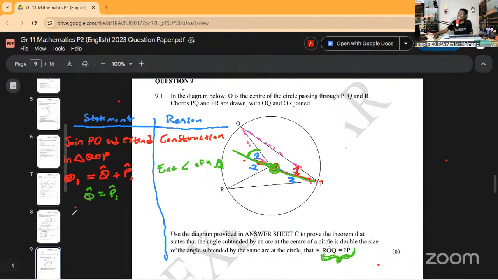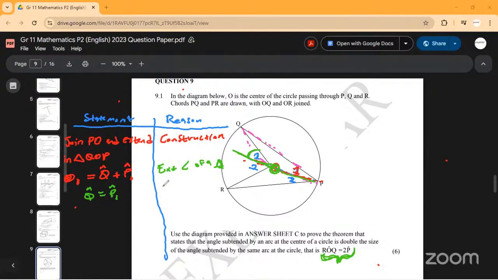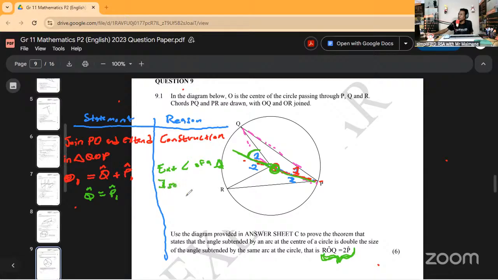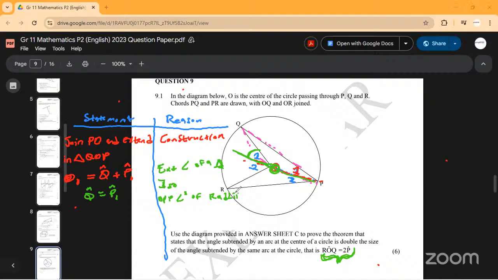You remember that we call radii that are equal, right? Even if you say isosceles triangle, you would not be wrong. You can just write iso. You would not be wrong because you know what you are saying. Or you can say opposite angles of radii, because there is an isosceles triangle anyway.